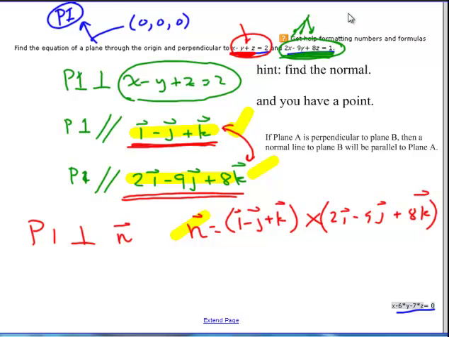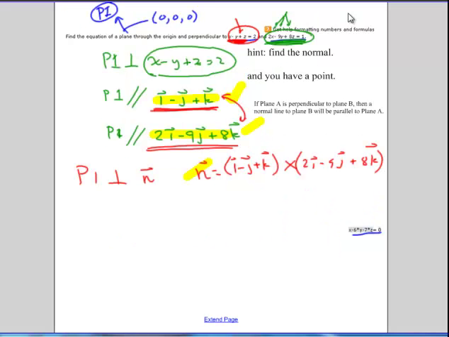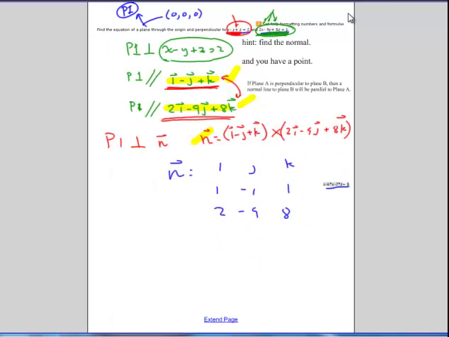So okay, now we need to do a little bit of the work. Our normal line equals the determinant of i, j, k, then the coefficients 1, minus 1, 1, and 2, minus 9, 8, and hopefully you're getting familiar with this now.